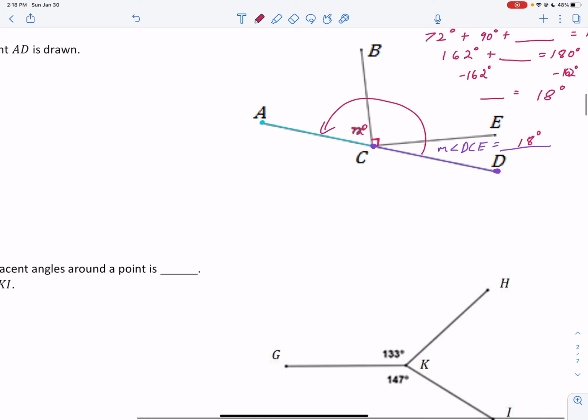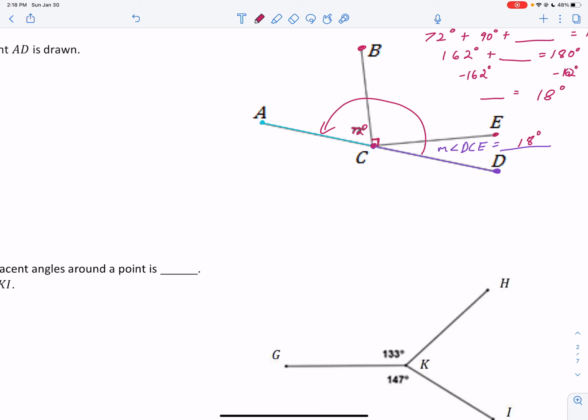And then I'd say, considering ECB or BCE, whatever you want to call it, BCE is 90 degrees, and ACB is 72 degrees. Since all of these, DCE, ECB, and BCA, are consecutive angles and supplementary, you add them together. Their sum must be 180 degrees.